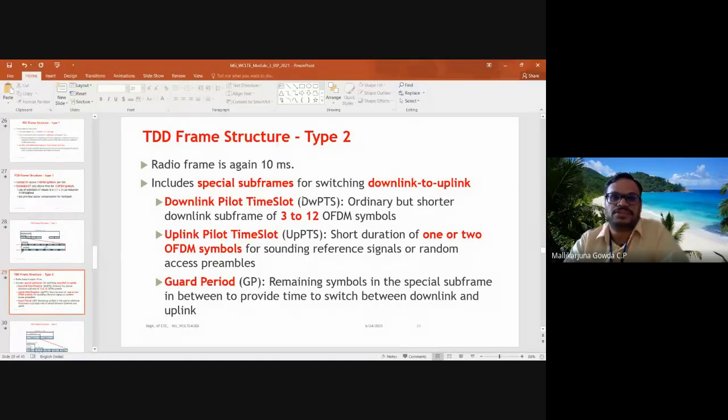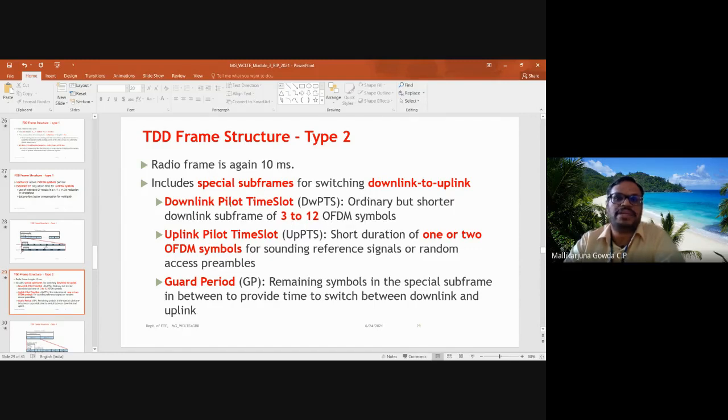That special subframe is known as the downlink pilot time slot, denoted as DwPTS. The downlink pilot time slot will occupy 3 to 12 OFDM symbols.